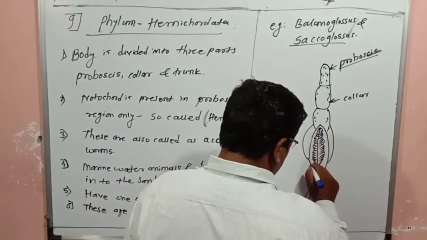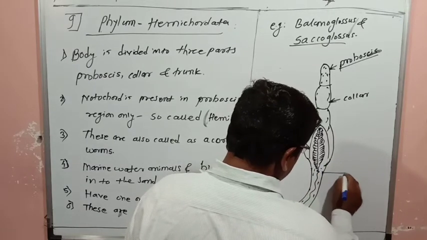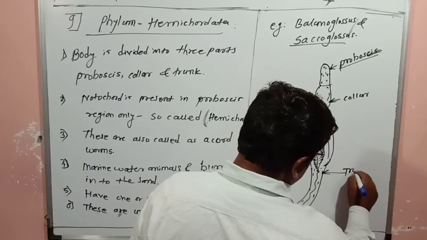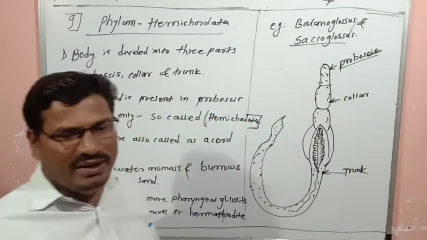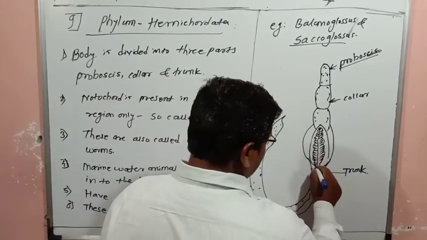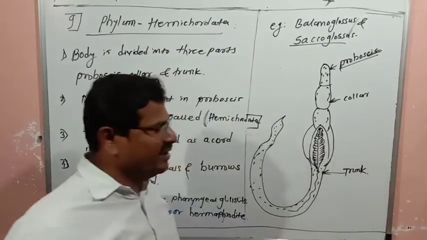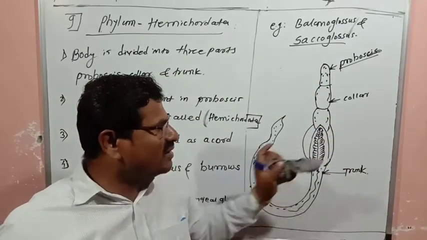You can do it like this, and here will be the trunk. The last part will be the trunk. So like this you can draw the diagram: proboscis, collar, and trunk.